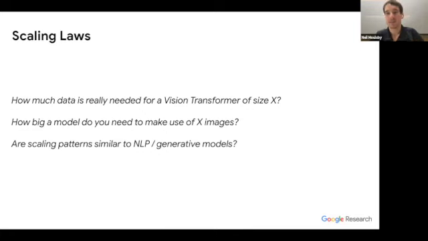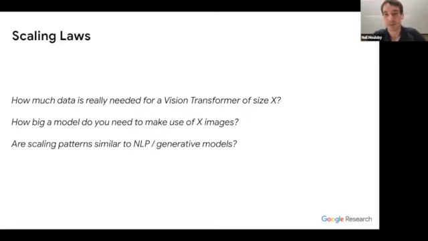So the data and architecture size are obviously important ingredients in this study, and there's been a lot of subsequent work exploring training these models on smaller datasets and regularizing them well. It's all great.